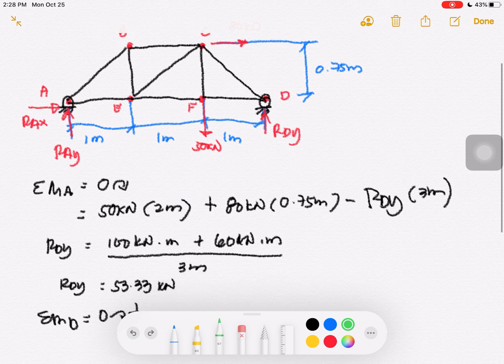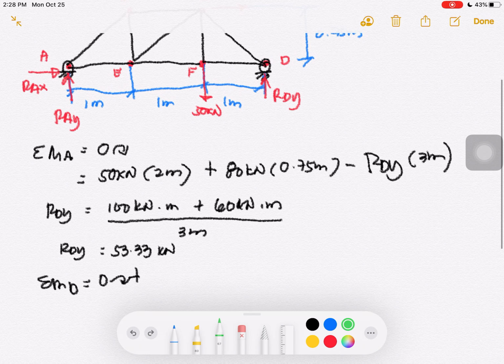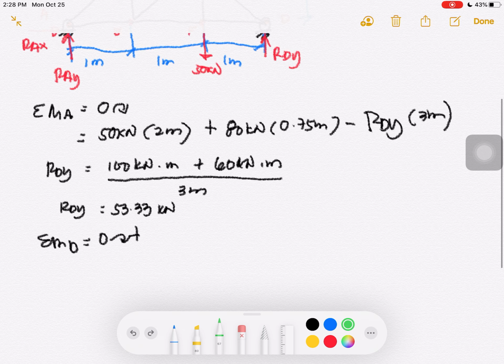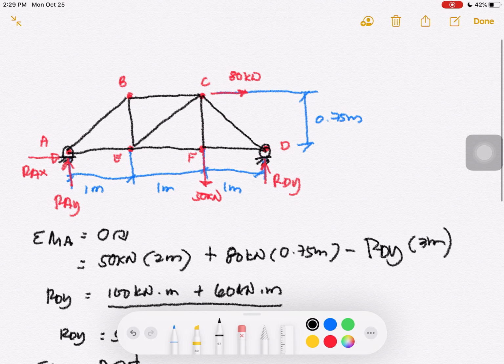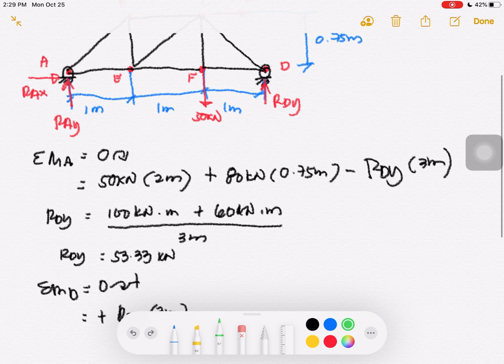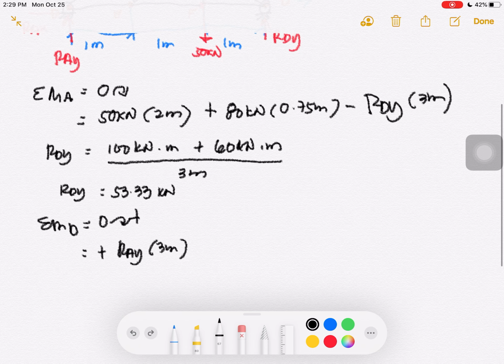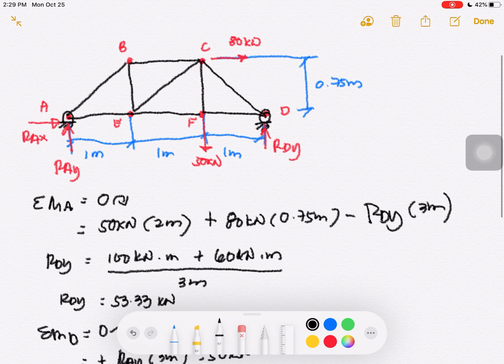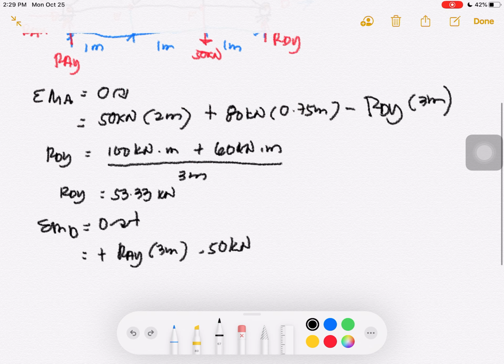So we have RAX no longer included. RAY we have positive RAY times 3 meters. This one negative 50 kilonewton and 1 meter perpendicular distance.